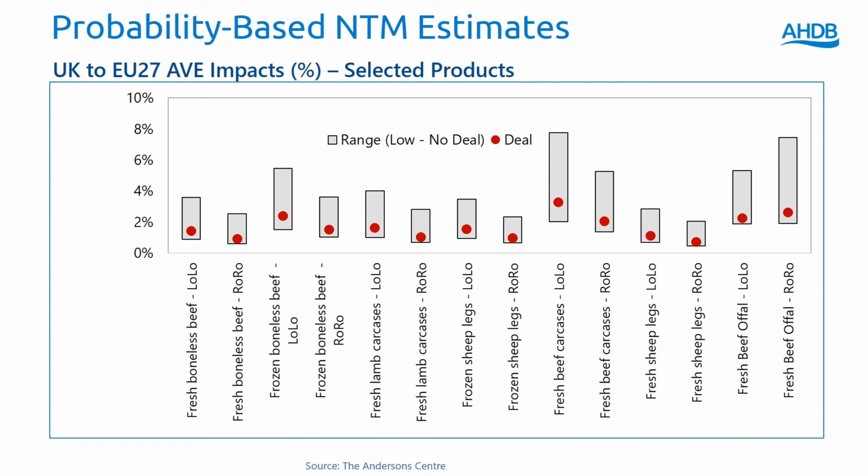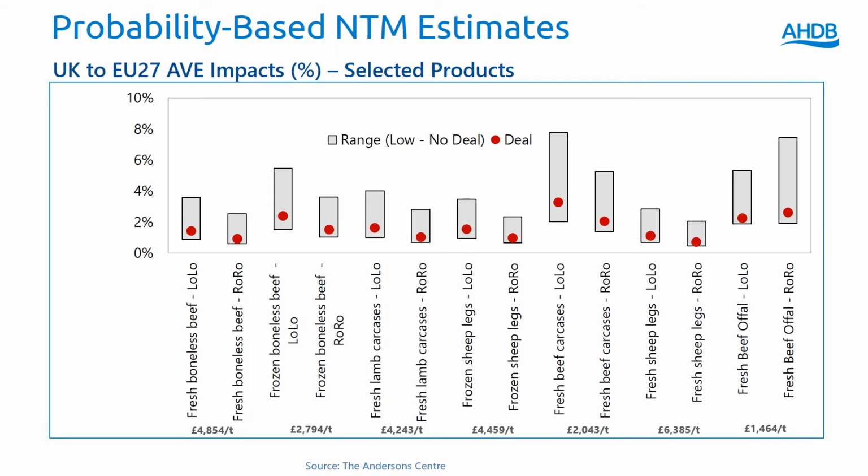If the UK starts to diverge significantly from the EU in the future, then it's more likely that the default levels of checks will start to take place, and therefore the impact of the non-tariff measure costs will be proportionately more into the future.